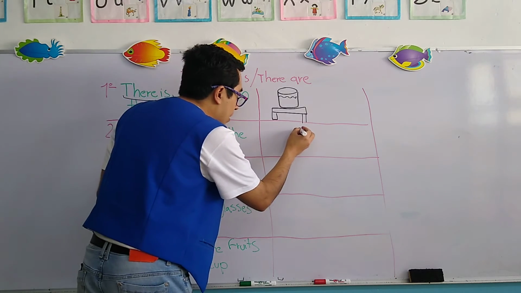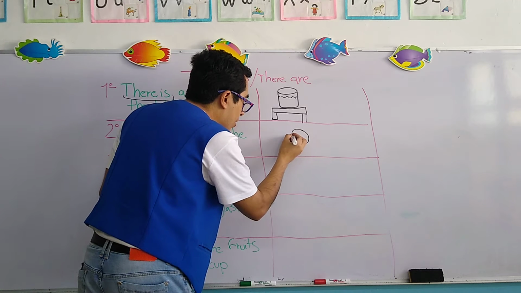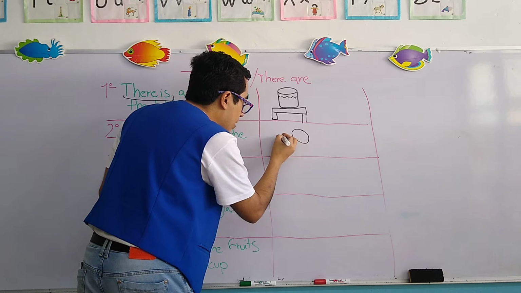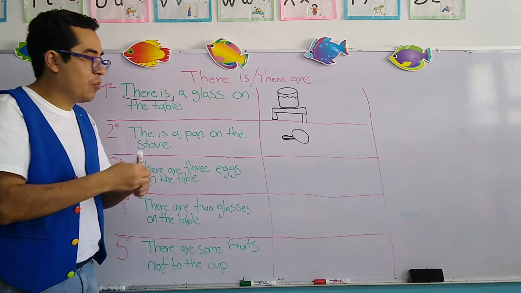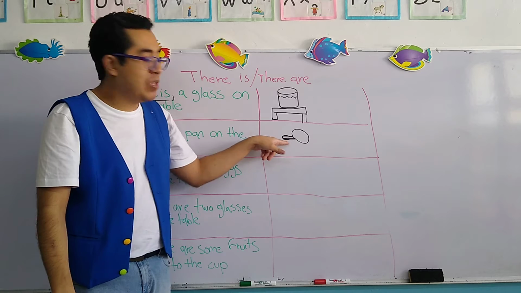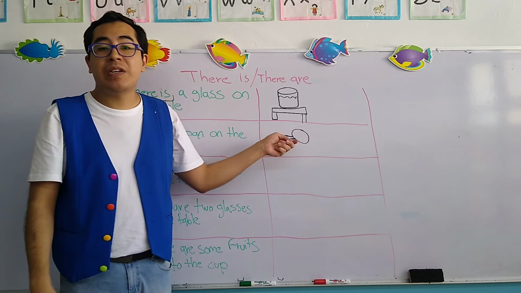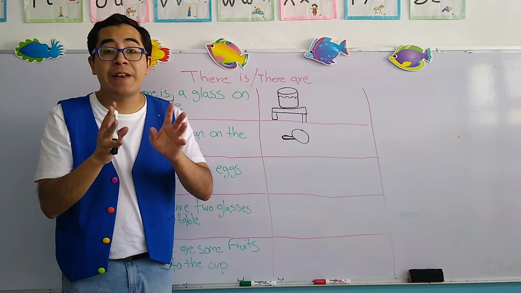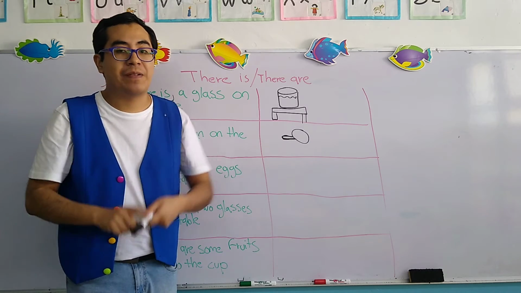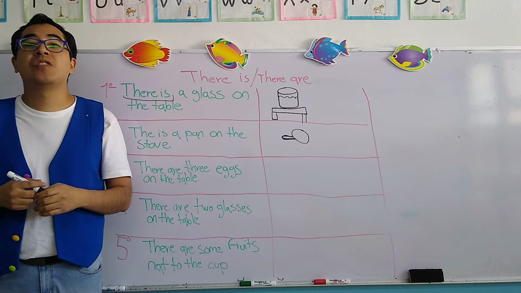Now the pan looks like a lollipop. It's a circle with a piece of iron so we can grab it with our hands, okay? Because without this piece of iron, we can burn our hands. So it's very important that if you use a pan, you grab it correctly, okay? Very good. Now, there is a pan on the stove.